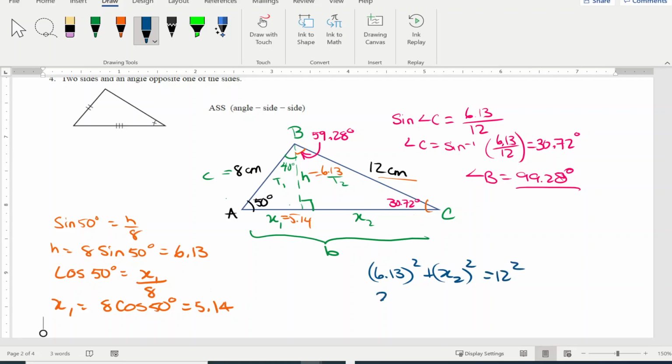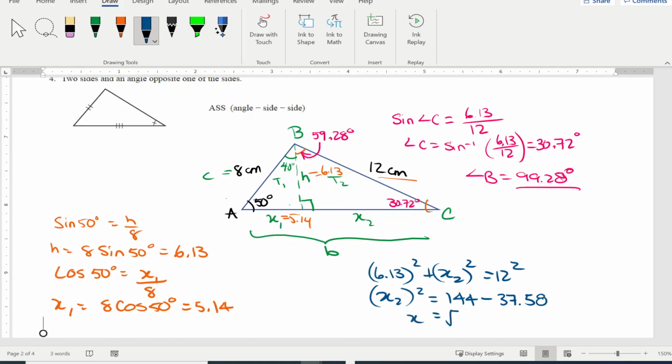That gives us X2 squared equal to 144 minus 6.13 squared, which is 37.58, so that becomes 106.42.